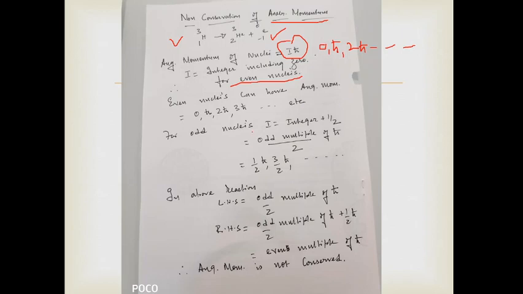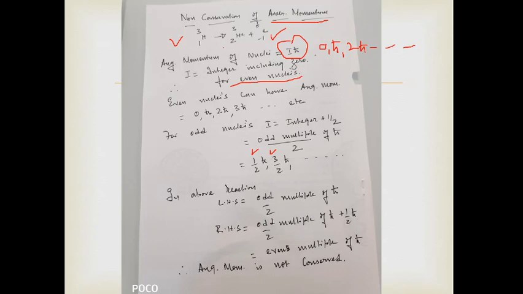But if there are an odd number of nucleons, then it is an odd multiple of ħ divided by 2, which means it can be 1/2 ħ, 3/2 ħ, 5/2 ħ, 7/2 ħ, 9/2 ħ, and so on. So for odd nuclei, it is an odd multiple of half times ħ, and for even nuclei, it is an integer multiplied by ħ. This is the angular momentum of any nucleus, which is very well known. We have seen this in the properties of nuclei in first year.